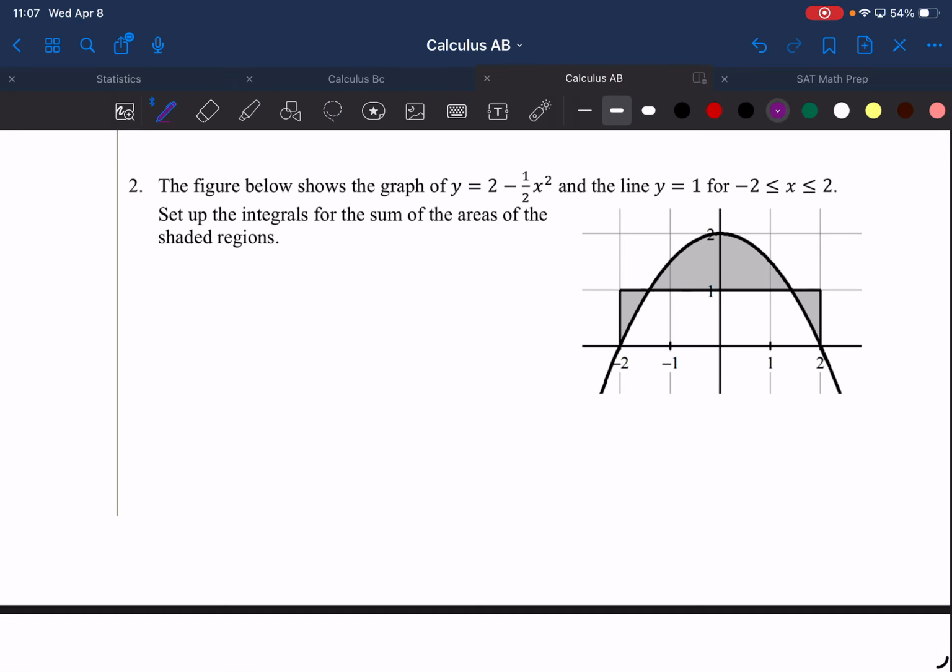Okay, so the first thing I would do is identify all of the intersections. I could also color code everything like I did before. So here's the line, and here's the quadratic, and all the shaded areas are what they want us to find.